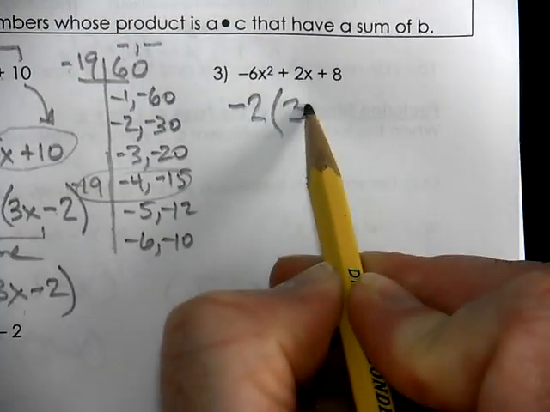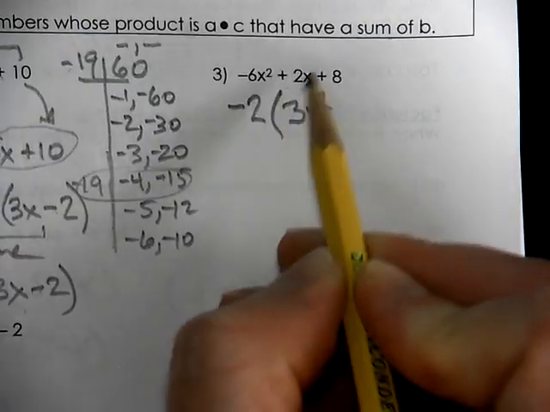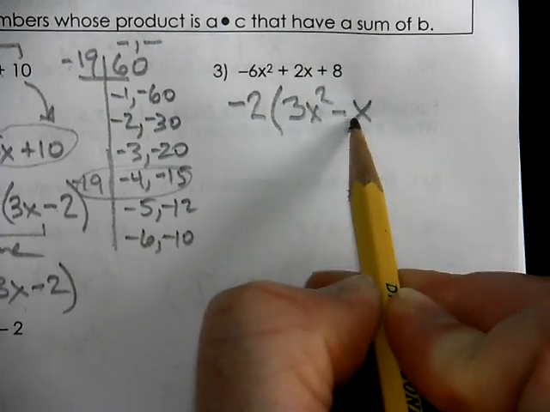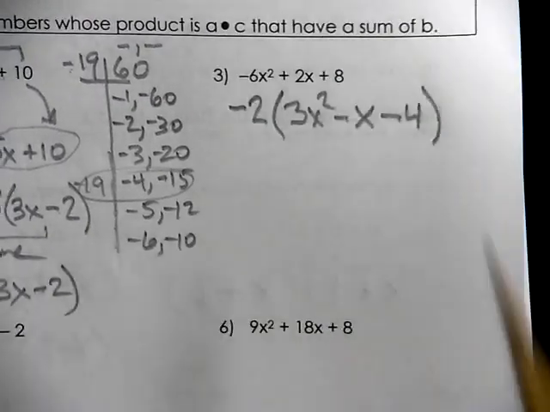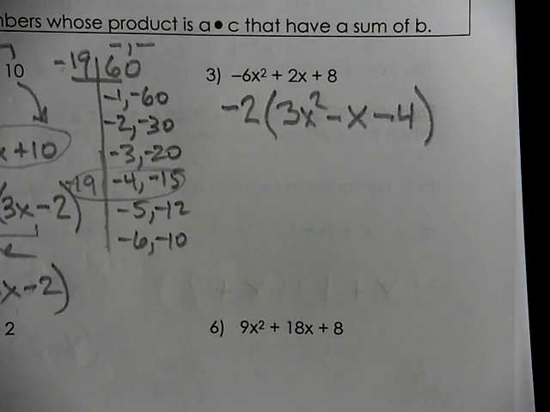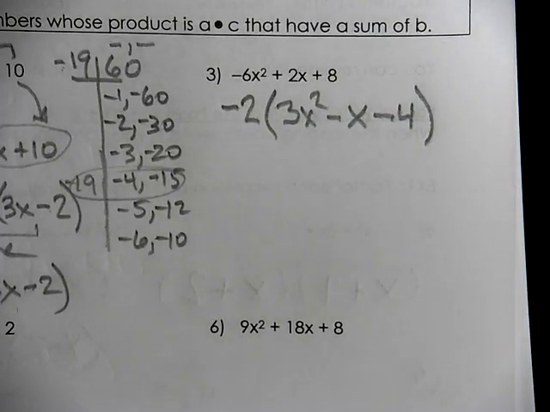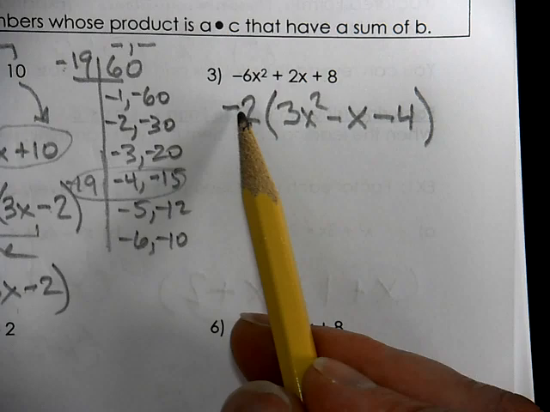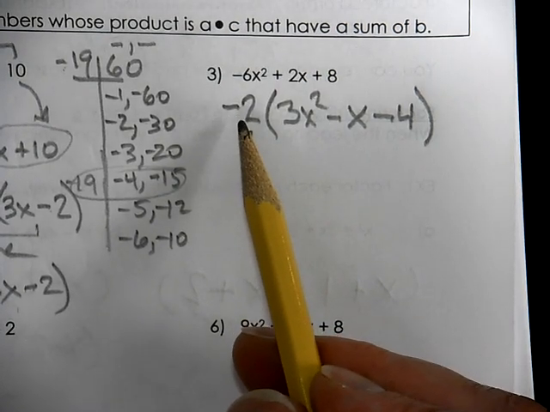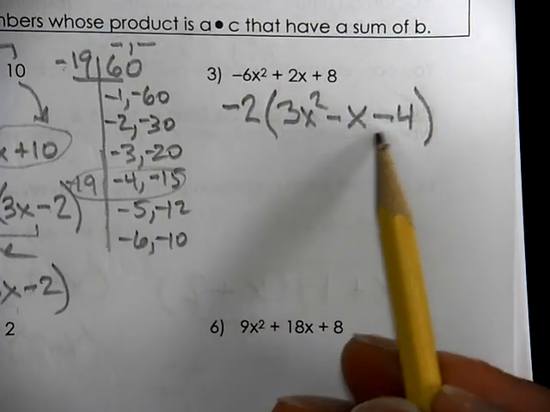That leaves us with a 3x squared, a negative x, and a negative 4. So we pulled out our GCF. That's what that's called. Now we're going to factor this apart.